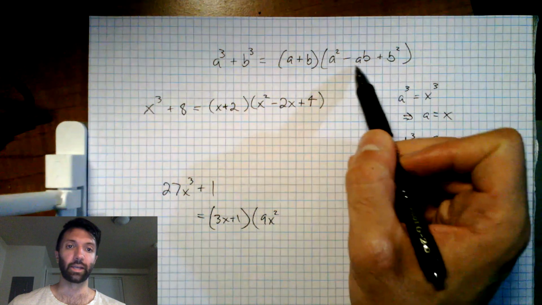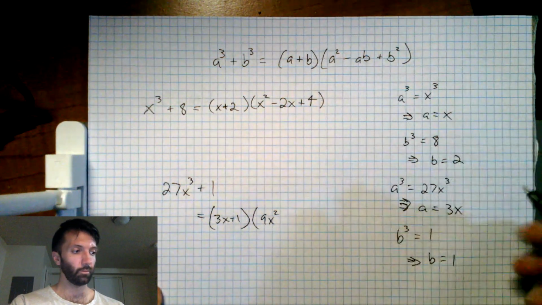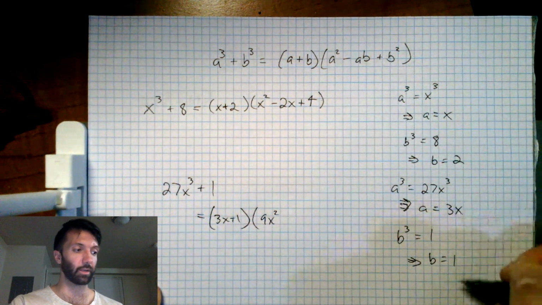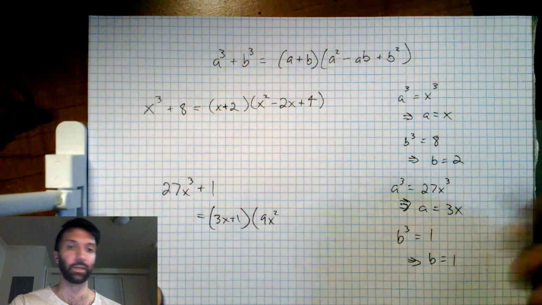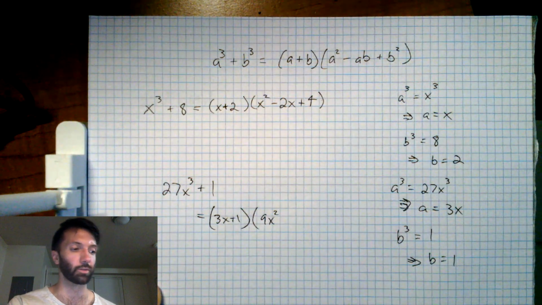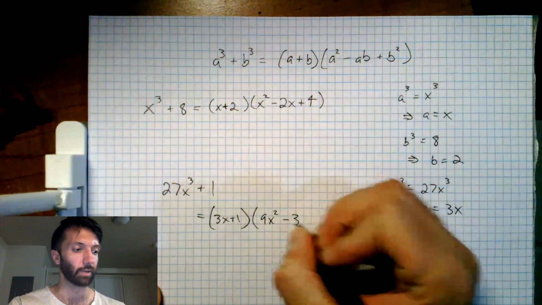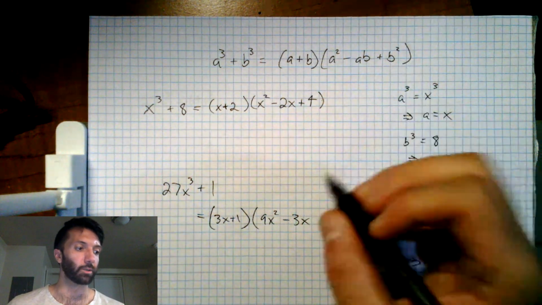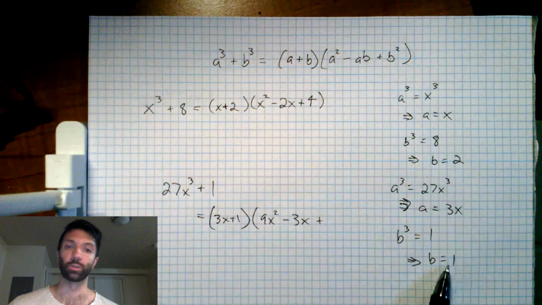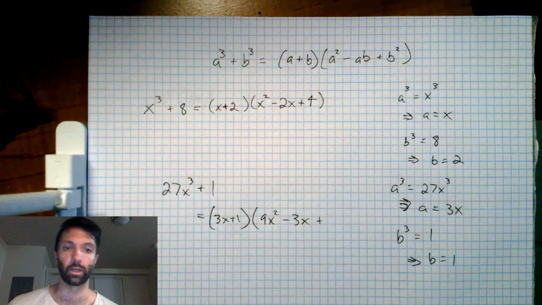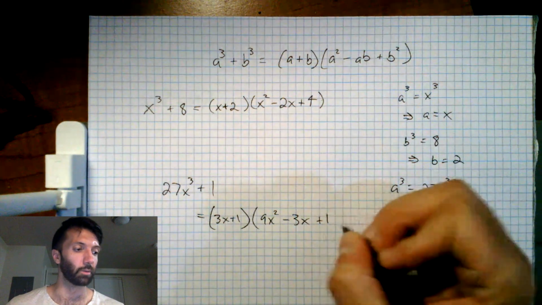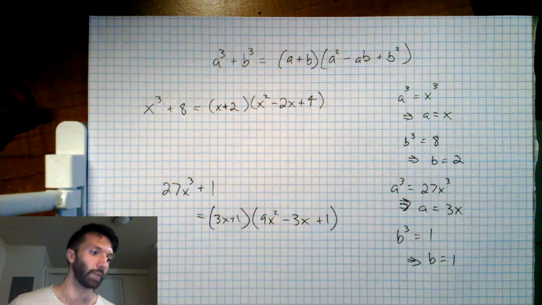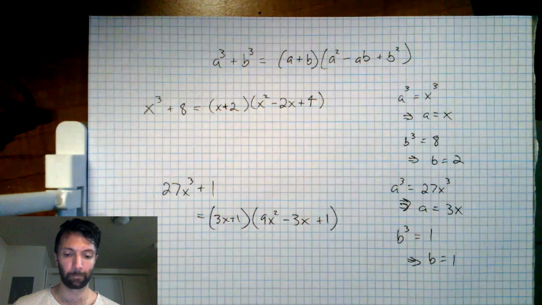And then we have minus a times b. Well, a is 3x and b is 1, so a times b is just 3x times 1, which is 3x. So we have minus 3x. And then plus b squared. Well, b is just 1, so b squared is 1 times 1, and that is going to be 1. And there is your factored form.